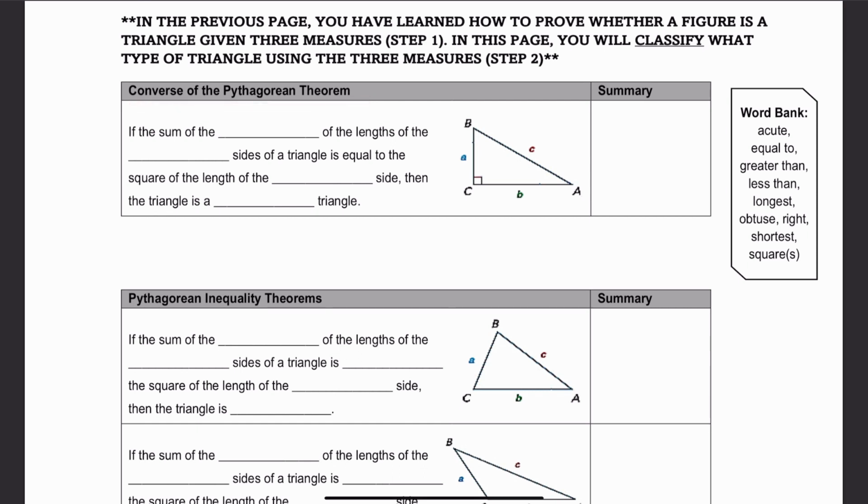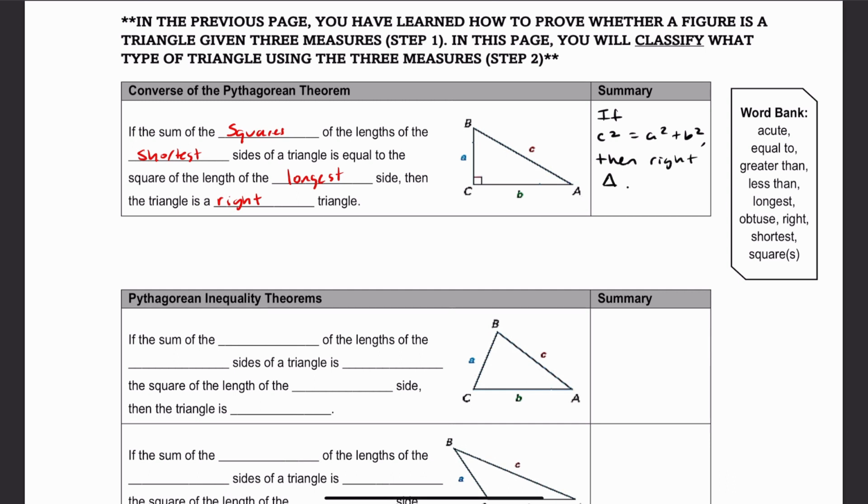It states that if the sum of the squares of the lengths of the shortest sides of a triangle is equal to the square of the length of the longest side, then the triangle is a right triangle. So in summary, if c squared is equal to a squared plus b squared, then you have a right triangle.